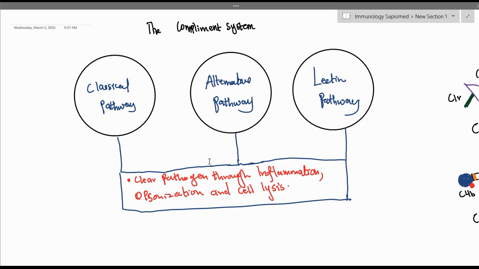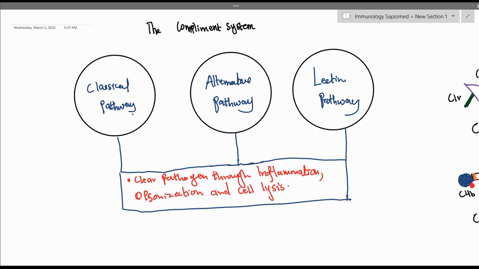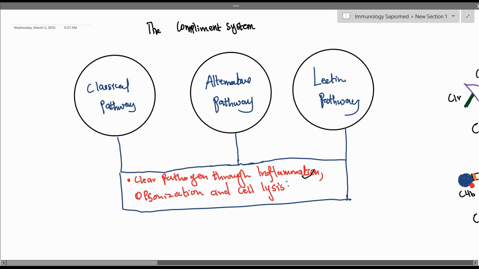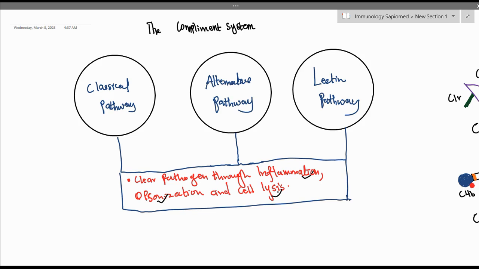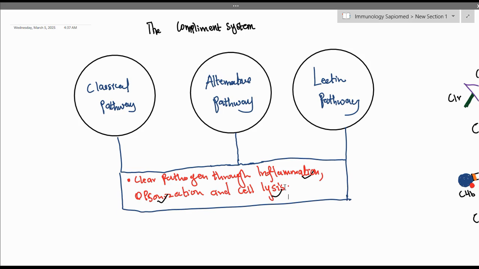The main function of the complement system is to clear pathogens through inflammation, opsonization, and cell lysis. As we move along, we'll get to know how the complement system does this. The complement system consists of what we call complement proteins, and these are in our plasma.